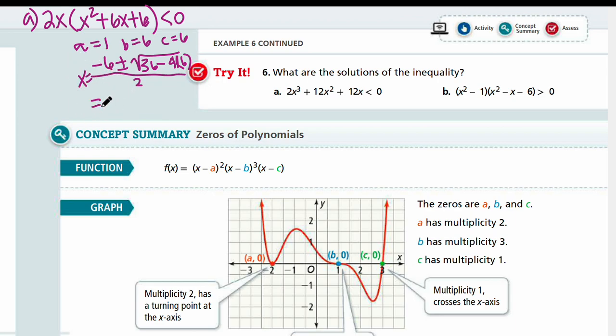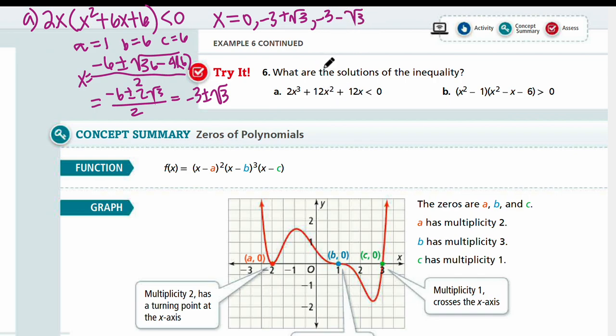This will simplify to negative 6 plus or minus 2 root 3 over 2, and that simplifies to negative 3 plus or minus root 3. So we know that the zeros of this function would be 0, and negative 3 plus or minus root 3. And let's separate that so that we can see them as separate zeros.